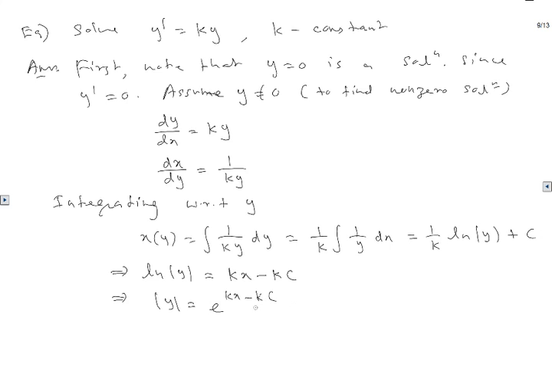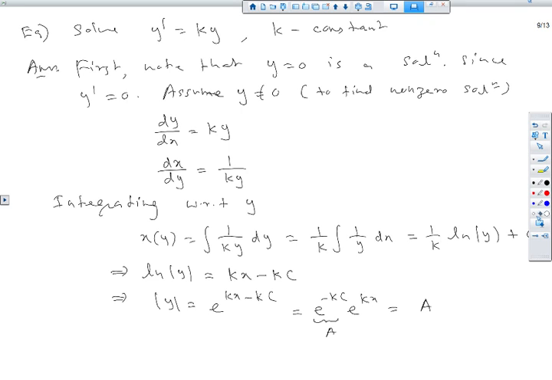So this says that y equals e to the kx minus kc. Now using simple algebra, we can write this as e to the negative kc times e to the kx. Actually, before we do that, we can remove the absolute sign. We forgot that.